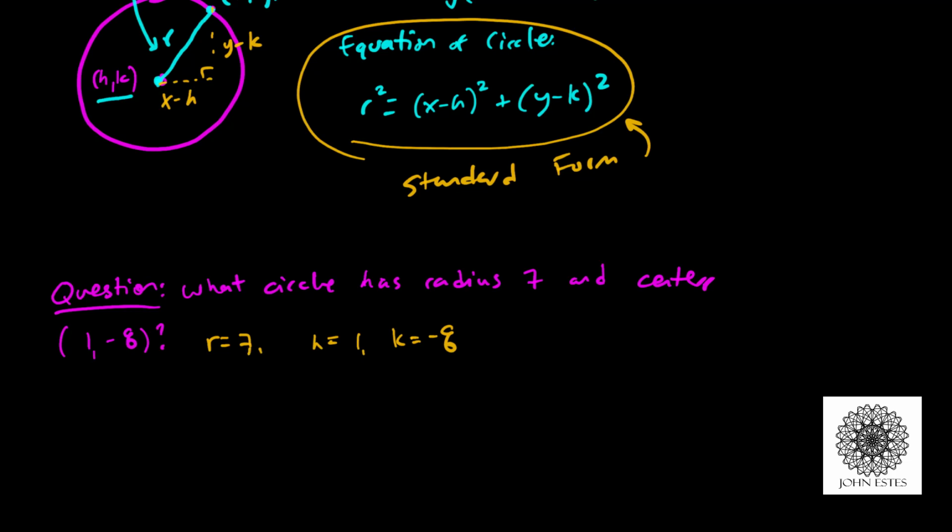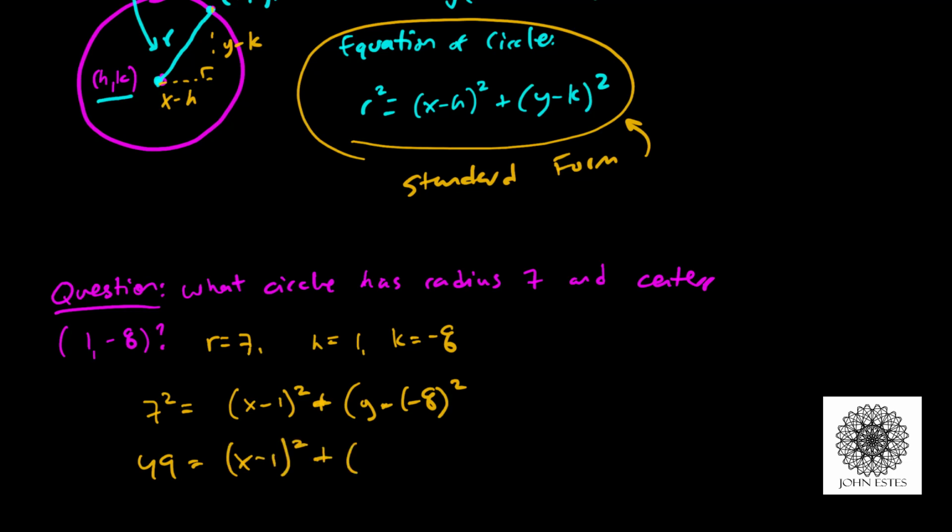So my circle has equation 7 squared equals (x minus 1) squared plus (y minus -8) squared. We might clear that up to say 49 equals (x minus 1) squared plus (y plus 8) squared, and there's my equation. There's my circle.